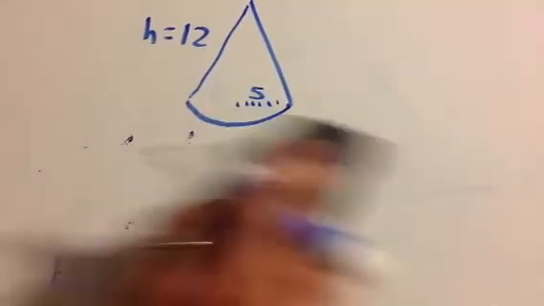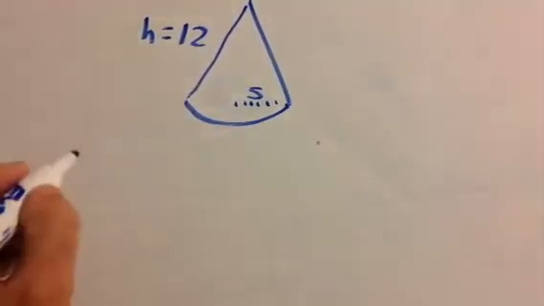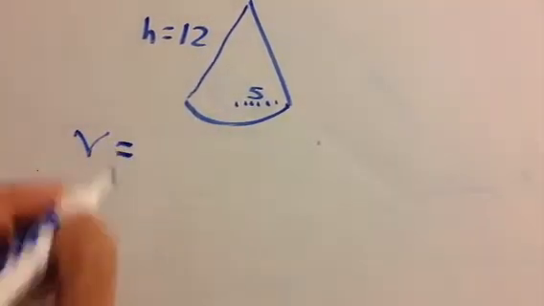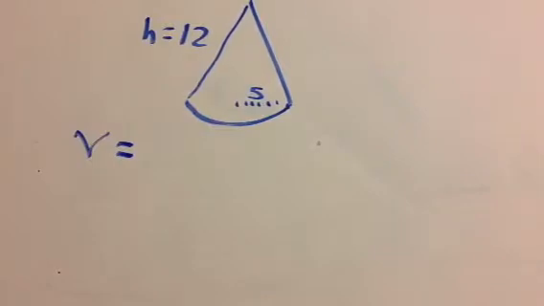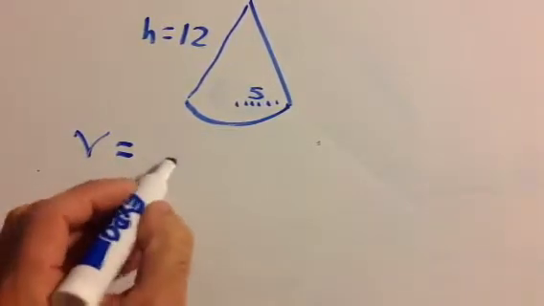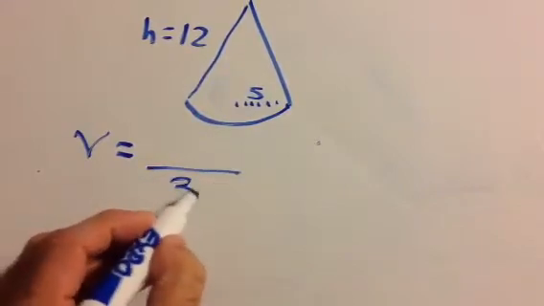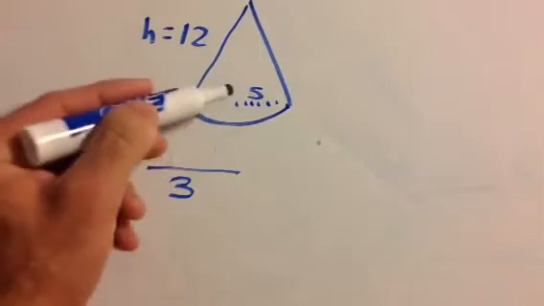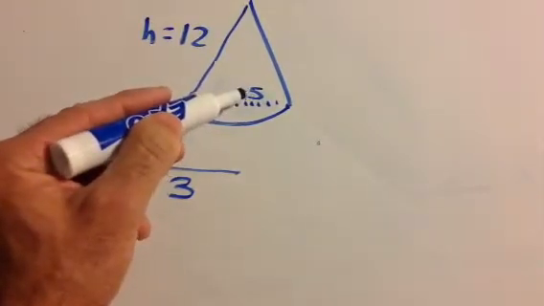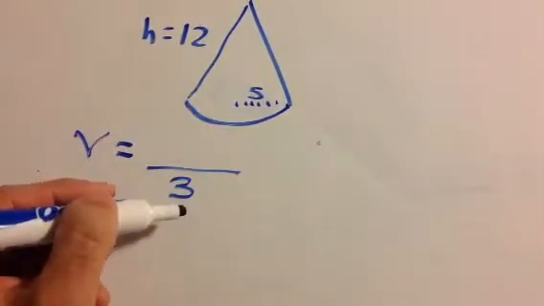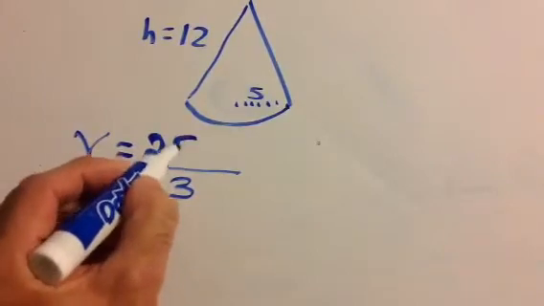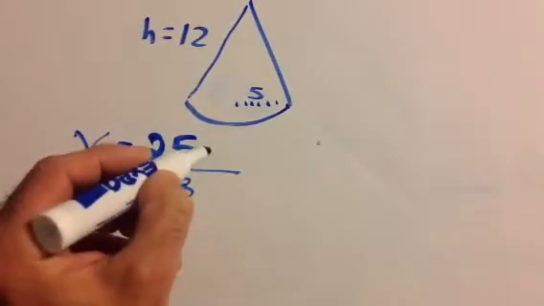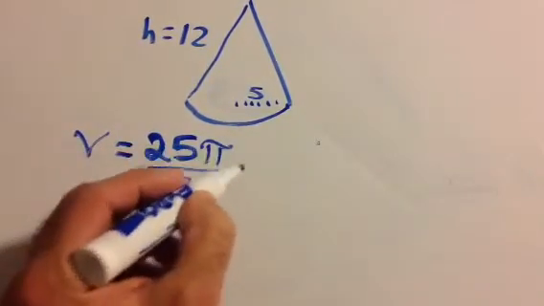Okay? So again, we're looking for the volume, and we said it's 1/3 pi r squared h. So we can put this all over 3. And we have pi, and we have the radius, which is 5. So we can say 5 squared is 25. So there's our 25. We'll leave our pi in here for a minute. And the height is 12.